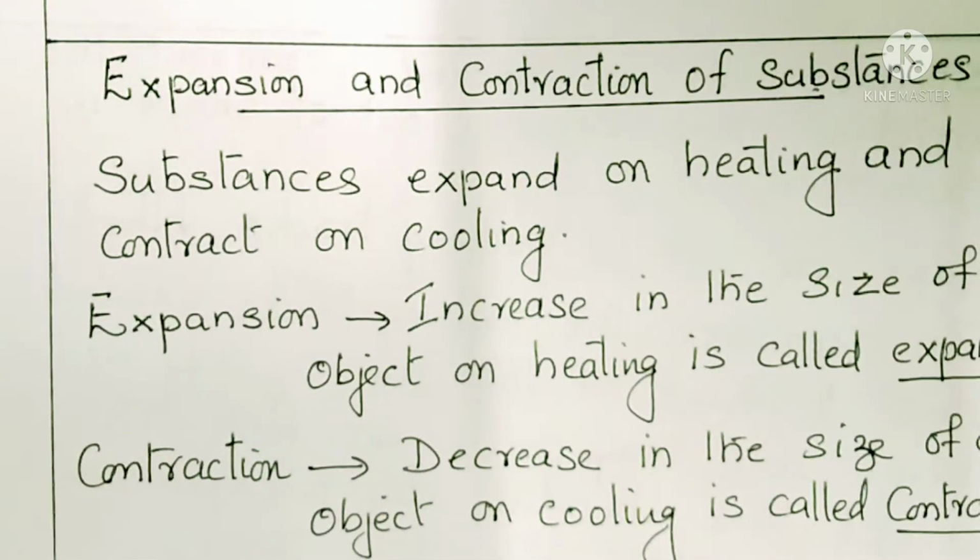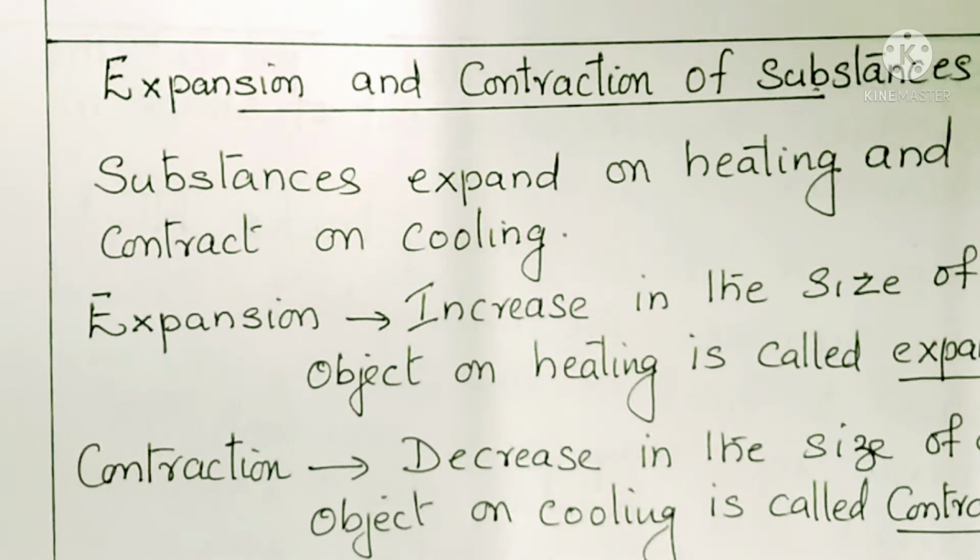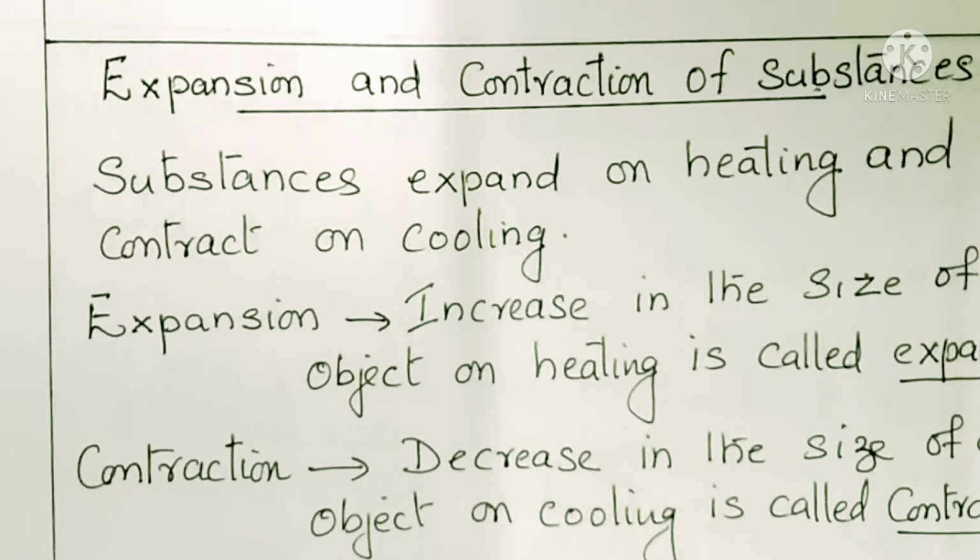Now, another type of change, or another type of reaction, is expansion and contraction of substances. It is a change that occurs because of the effect of temperature on it. Most of the substances expand on heating and most of them contract on cooling.